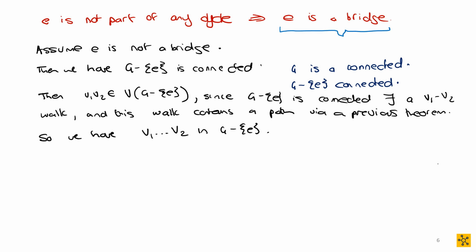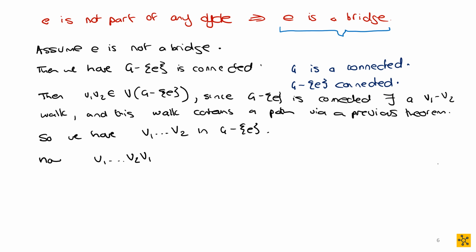But we also know that we can go from V1 to V2, and because we can go back, we have V1, and that is a closed path. And when you have a closed path, that's a cycle. And the thing is, because it is in G minus E, you can have a situation where E is part of this.